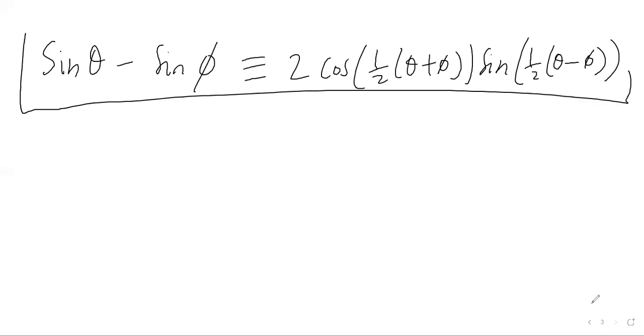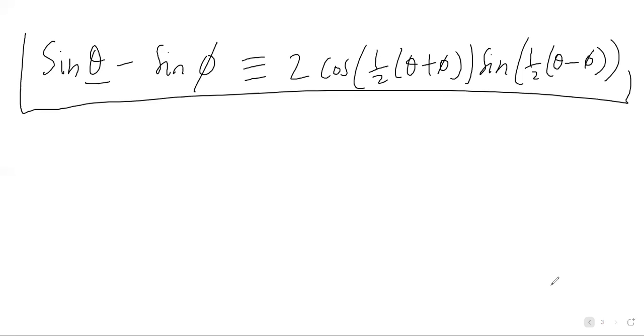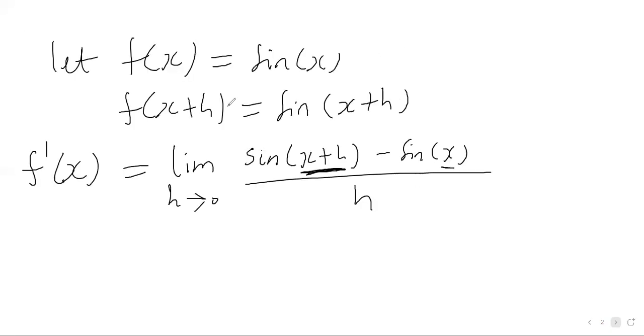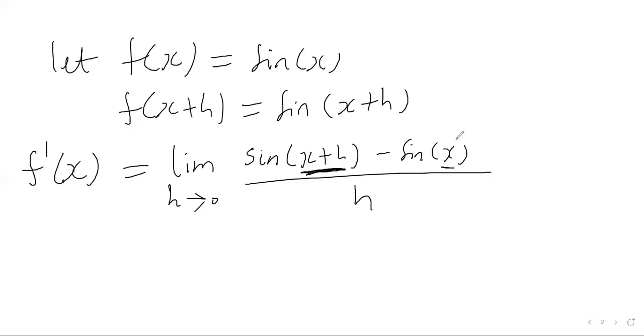So if we go back to the previous page, the x plus h here is going to correspond with the theta there, and the x there is going to correspond with the phi there. So if we let theta equal x plus h, and we let phi equal x, then we're going to get the numerator within our limit.